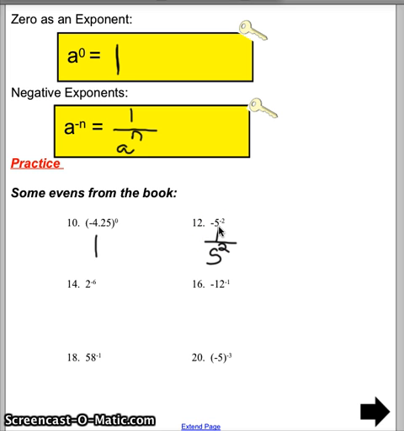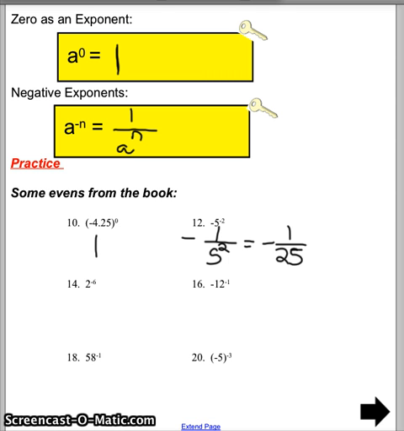Now notice, we had a negative out front, so this is going to stay a negative value because we started with it being negative. Then 5 squared gives us 25. Now again, when it's written out for you like this, if there's no parentheses shown, you don't really need parentheses when you type it into the calculator.